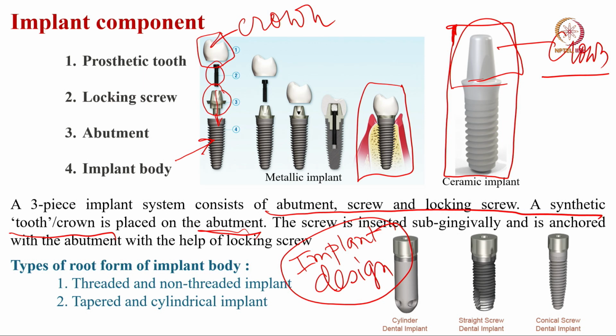It must be supported by preclinical evidence with respect to already clinically used implants with different design concepts. Whenever you want to patent any design, its efficacy must be supported by preclinical and clinical evidence.